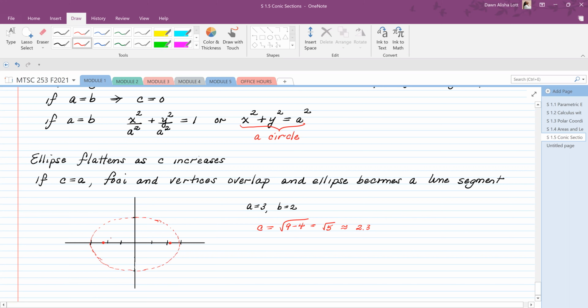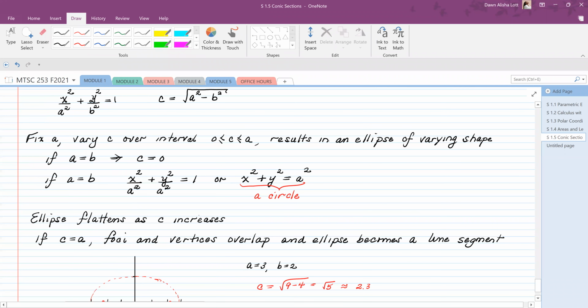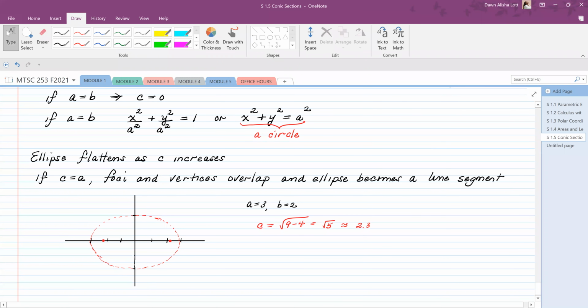Now, as we let c, as a becomes b, this thing actually becomes a circle. Okay, so if a and b become the same number, let's say 2, so here's a and b now equaling 2, c is 0, and we just get a circle.